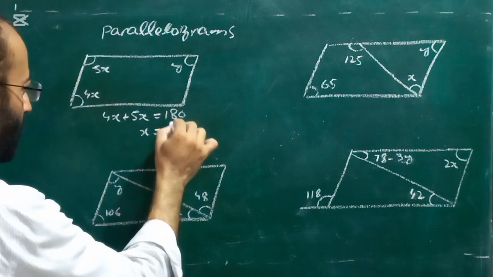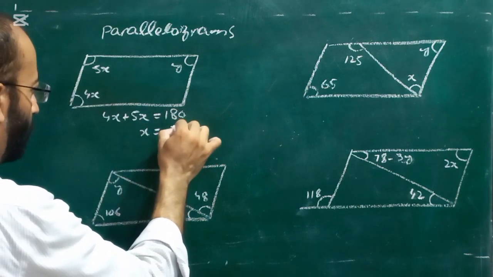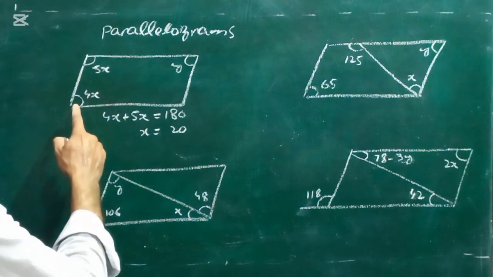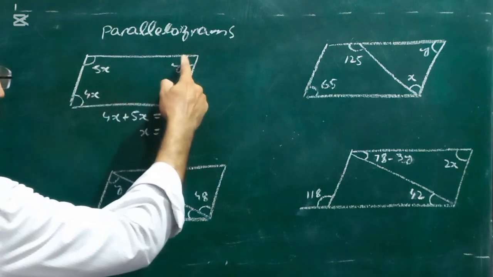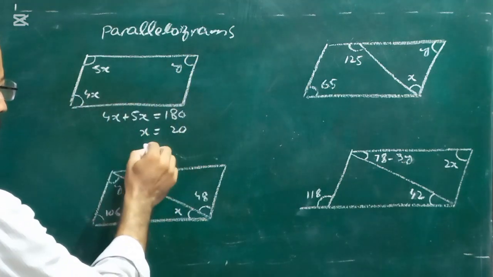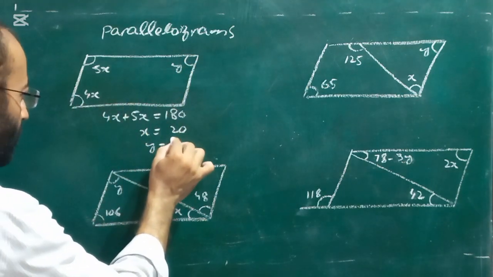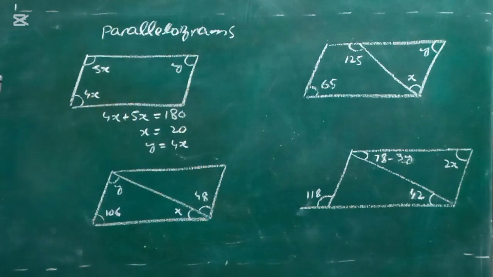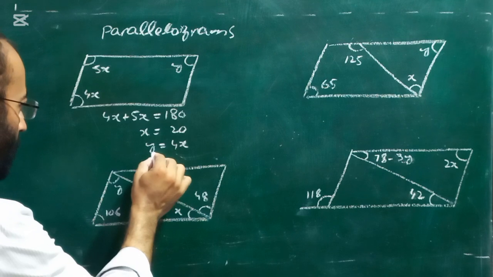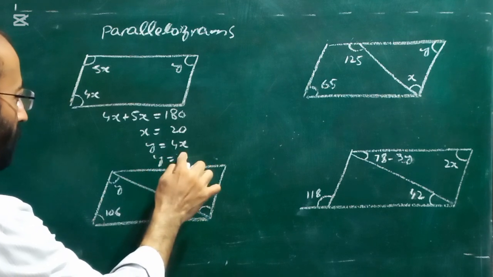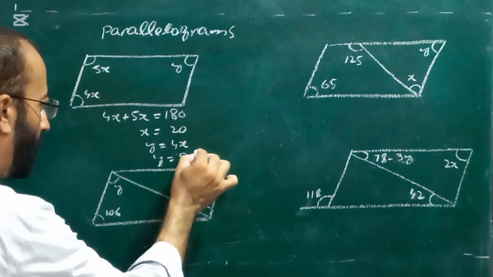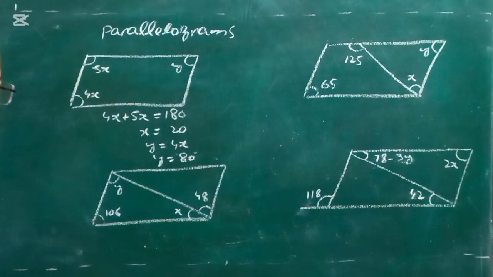So x is 20 degrees. So x is solved. Now look, 4x should be equal to y, because opposite angles are equal in a parallelogram. Because the value of x is 20, 20 times 4 will be 80 degrees. So this is the solution of the first part.